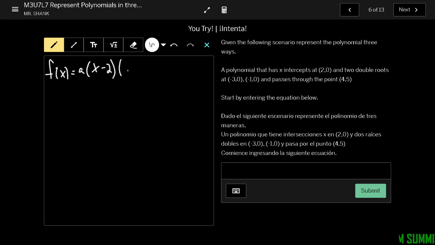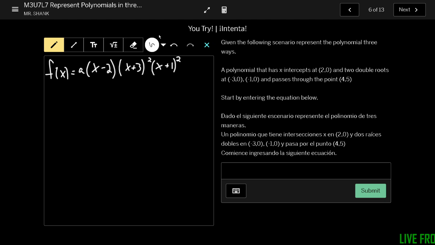So I'm going to say I have parentheses x plus 3 squared, make sure that's a plus, squared, and my other double root is x plus 1 because I have -1 as one of the x-intercepts.